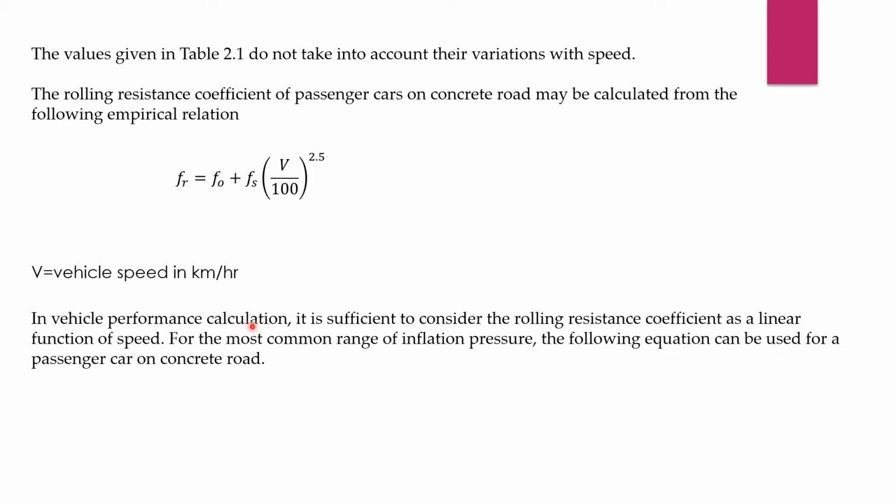In vehicle performance calculation, it is sufficient to consider the rolling resistance coefficient as a linear function of speed. For the most common range of inflation pressure, the following equation can be used for a passenger car on concrete road: Fr equals 0.01 times (1 plus V/100).